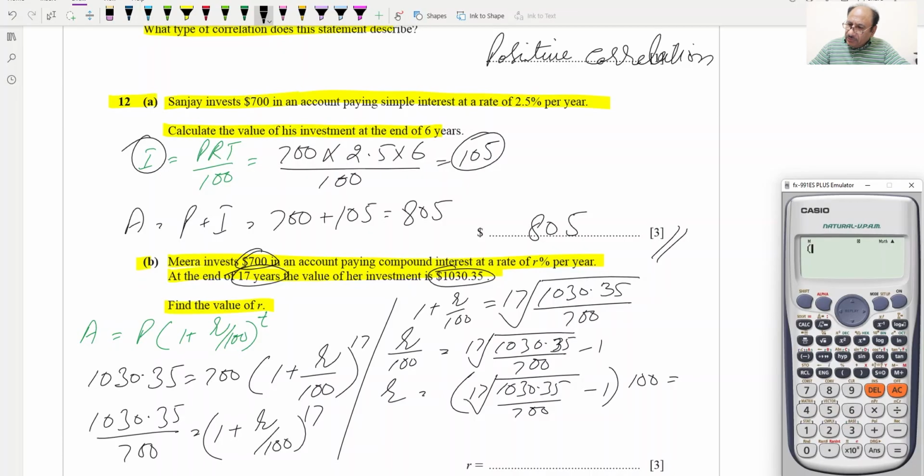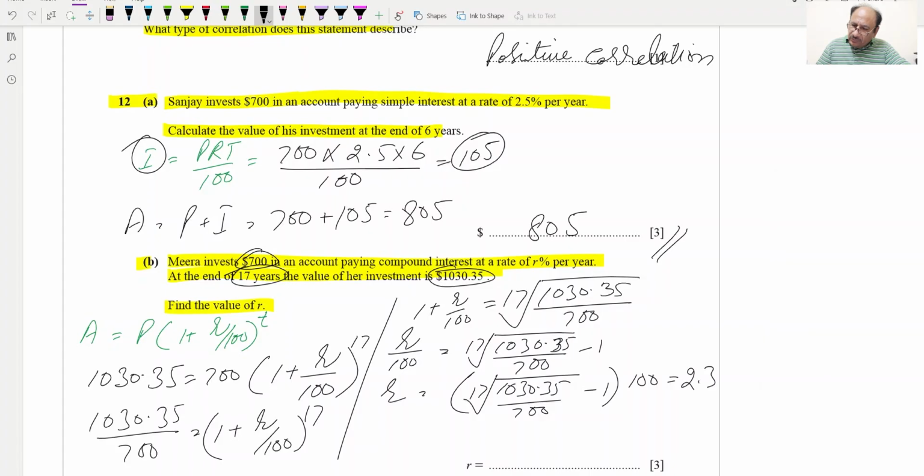This will be 17th root, we can write like this in fraction here, and this will be 1030.35 divided by 700, and then there should be minus 1 outside the root, and then multiply by 100, and this will be equal to 2.3000, so 2.3, basically 2.3%.